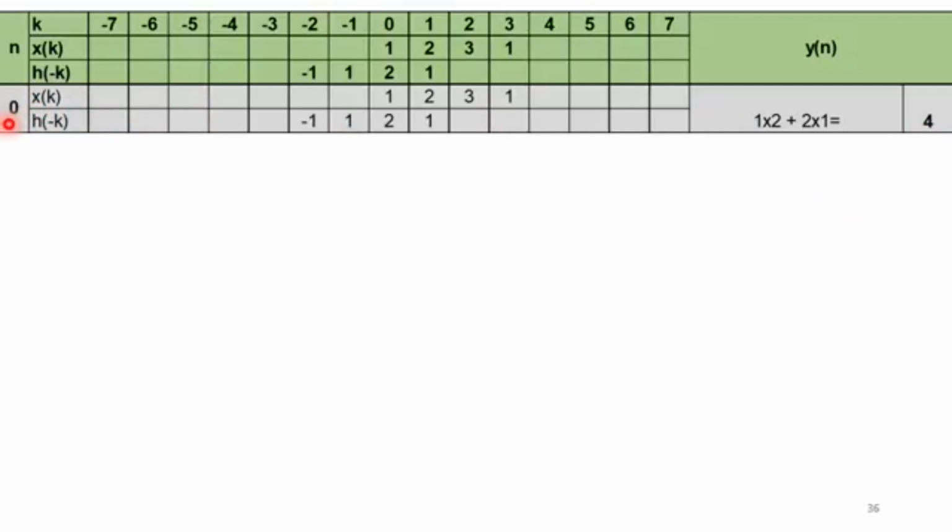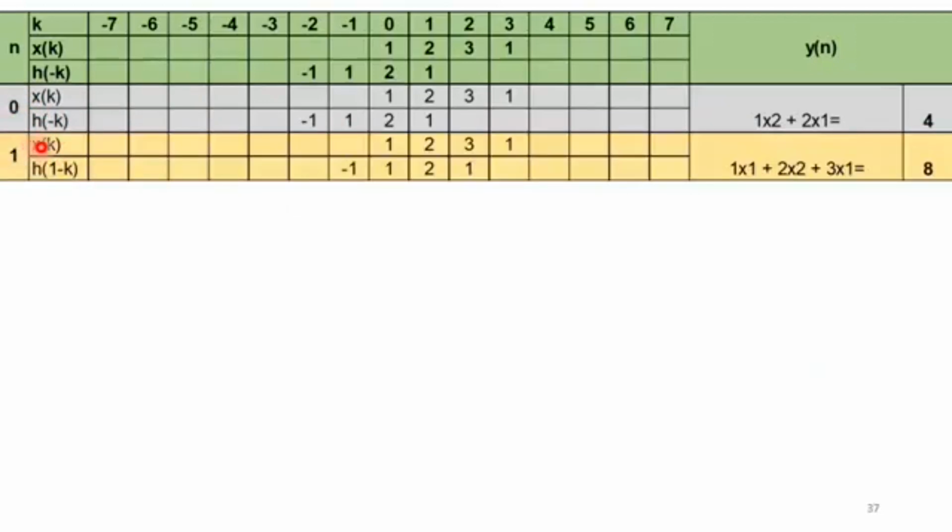We are going to move n as 1. So xk remains wherever it is, and with this 1 we have moved h of minus k by 1 unit. So h of minus k plus 1, we have seen that when we do h of minus k plus 1, the signal is delayed by 1 unit and then folded.